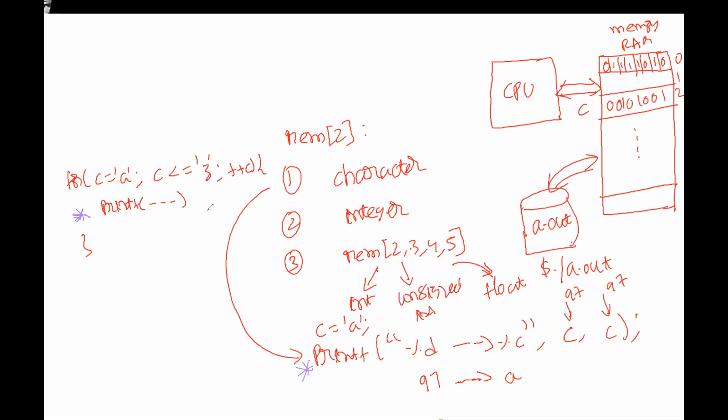So when we say plus plus C, we are treating it as an integer. But when we are printing it on the screen using this %c format specifier, that binary number is interpreted as a character, and the corresponding ASCII character will be printed.